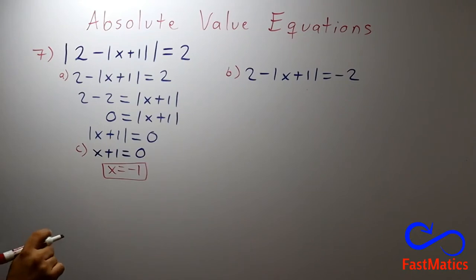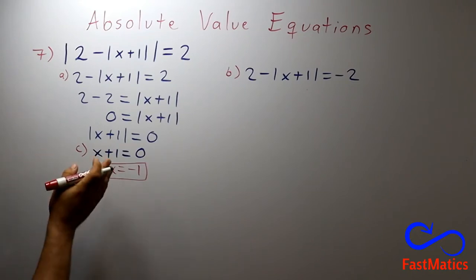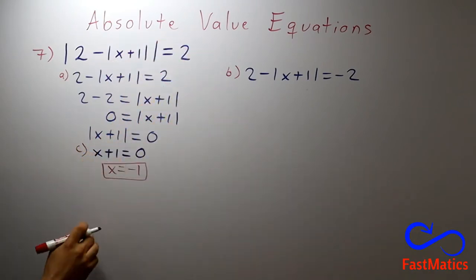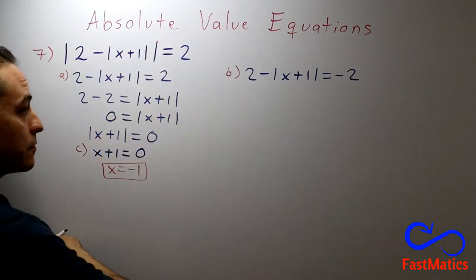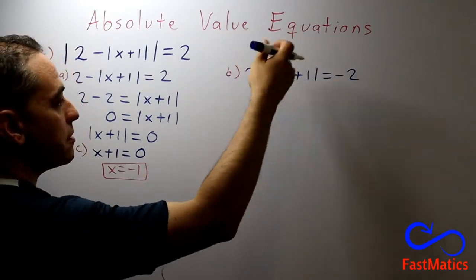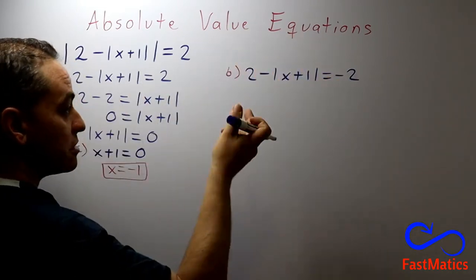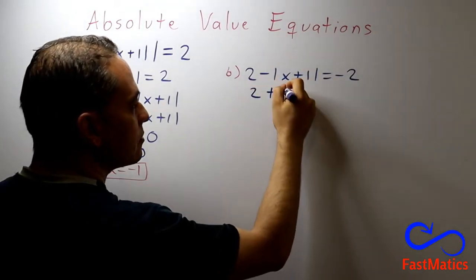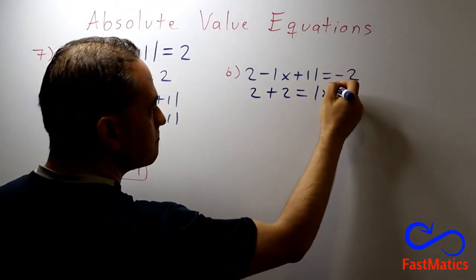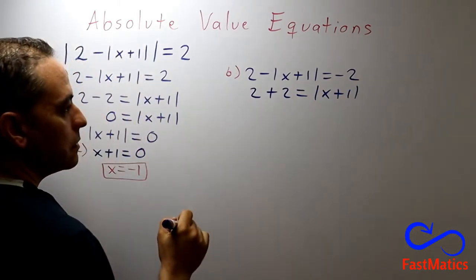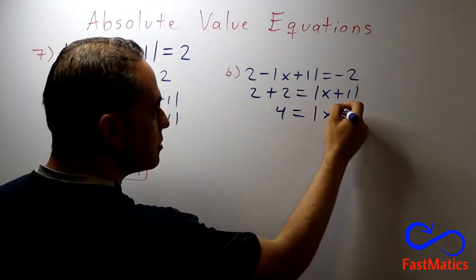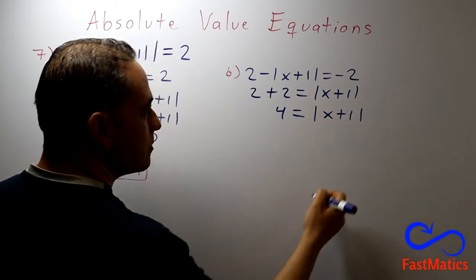Remember, we have always to verify the answers when we are solving absolute value equations. After that, I will do that. And now, here, one more time, another absolute value equation. I must isolate this absolute value on the right side and the rest on the left side. 2 plus 2, 4 is equal to the absolute value of x plus 1.